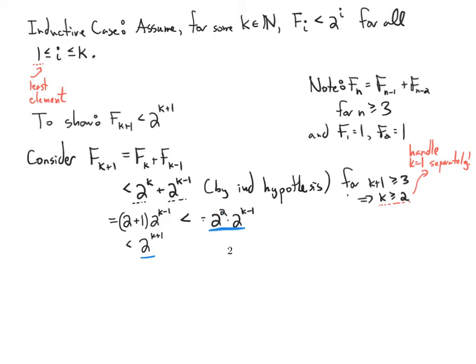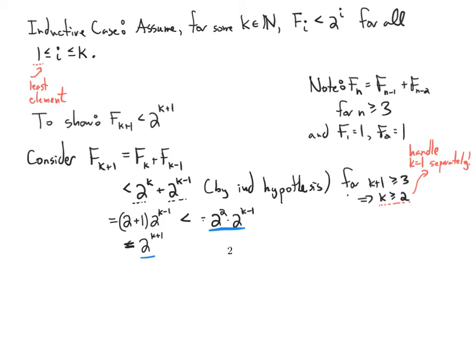So using that idea, if we follow our inequalities, f(k+1) is less than 2^k plus 2^(k-1), which is the same as 3 times 2^(k-1), but that is obviously less than 4 times 2^(k-1), which, if you simplify this, I should have an equals here actually. Change this to an equals. This is the same thing as 2^(k+1).